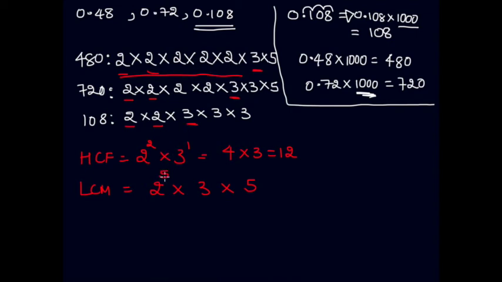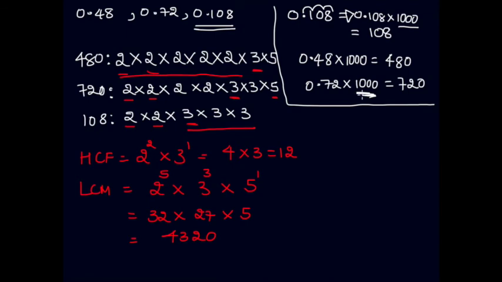So 2 raised to 5. 3 looks like is repeated the maximum in 108, which is 3, and 5 is just once. So 1. So 2 raised to 5 is 32. 3 raised to 3 is 27 times 5, which is equal to 4320.